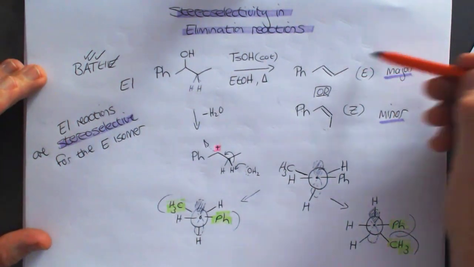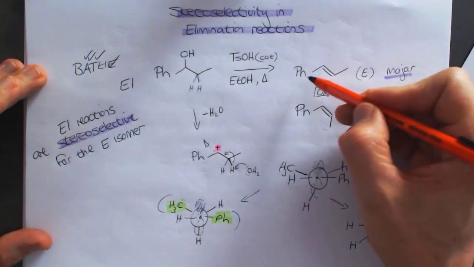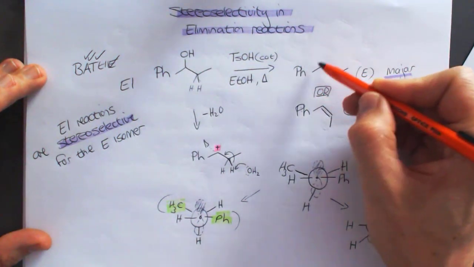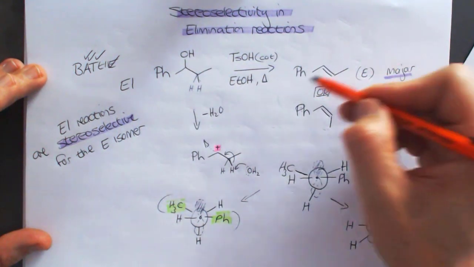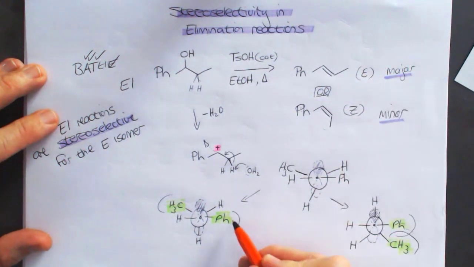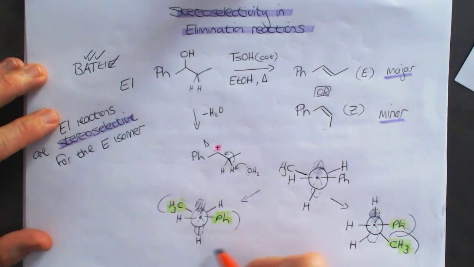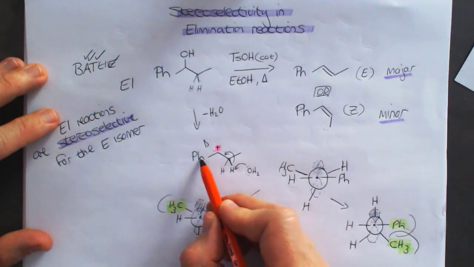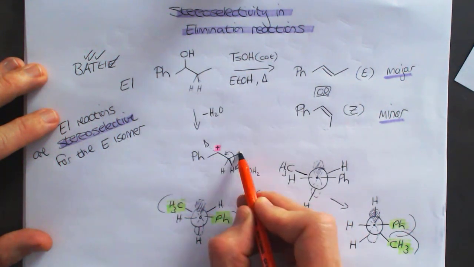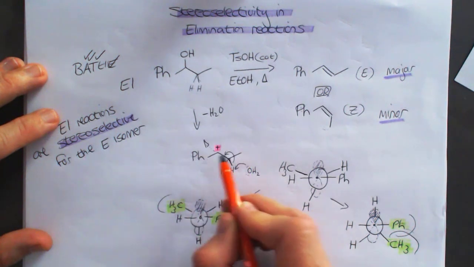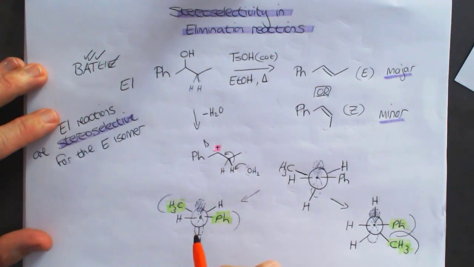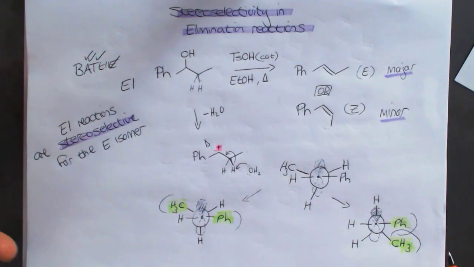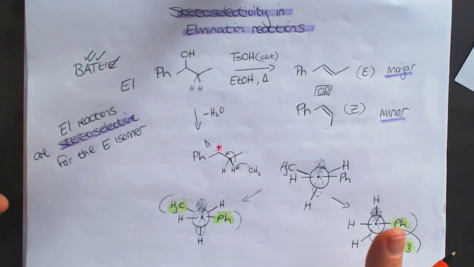And this one can be explained in terms of being preferred because it's at a lower energy. A trans double bond or an E double bond is at a lower energy. And that comes from the transition state, this carbocation, which is flat, where it wants to have the two bigger groups as far away from each other as possible. Okay, now we need to look at E2 because something very special happens there.